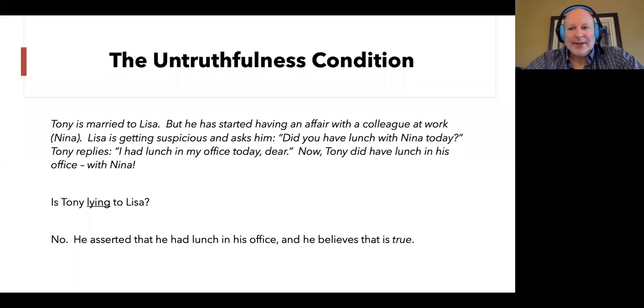But all we're doing is making the technical point that even though he's deceiving her clearly, that deception doesn't count as a lie. So there's lots of forms of deception that people can engage in. Some are lies and some are not. So all lies involve deception, but not all deception takes the form of a lie. So this is just one of those instances where Tony is deceiving his wife for sure, but what he's doing technically doesn't count as a lie because he believes what he's saying.